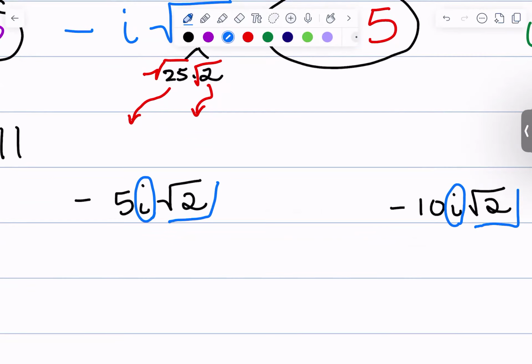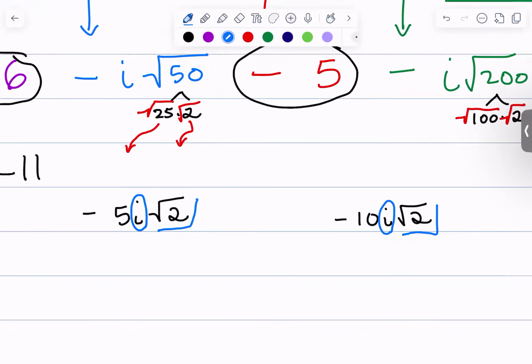Like terms are like terms because they have the i and they have the same number under the square root. If it was a different number under the square root, we cannot collect them. Okay? It's like having a real big strawberry and a little strawberry. Right? They're not the same. Yeah? So what's in the square root needs to be the same as well as the i.